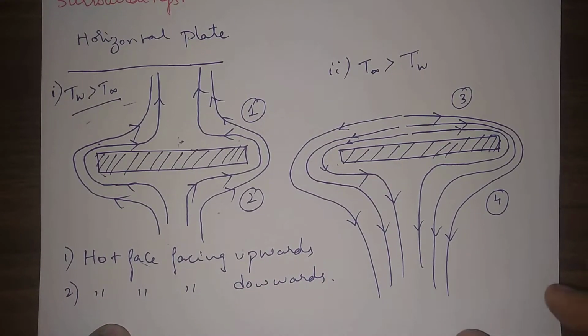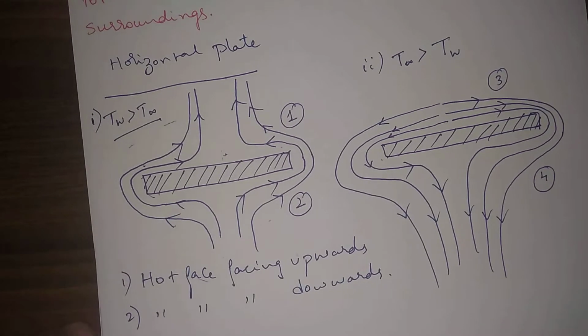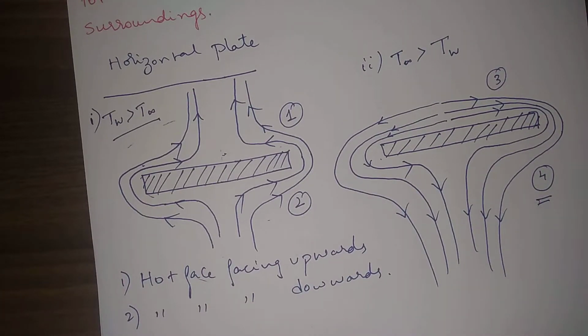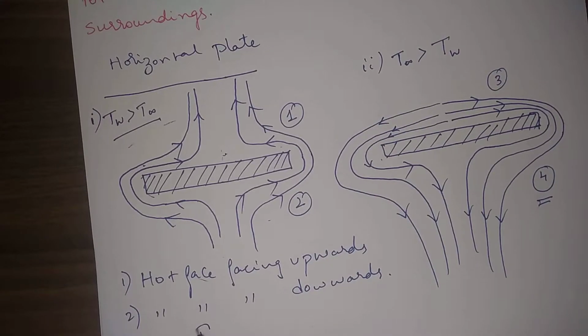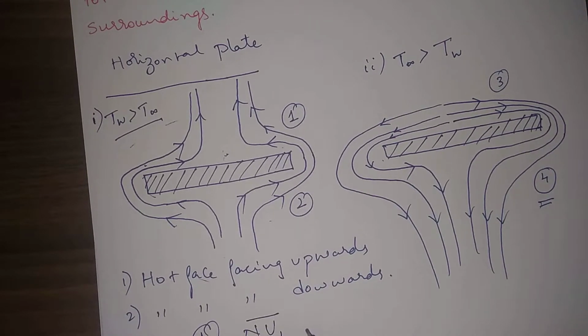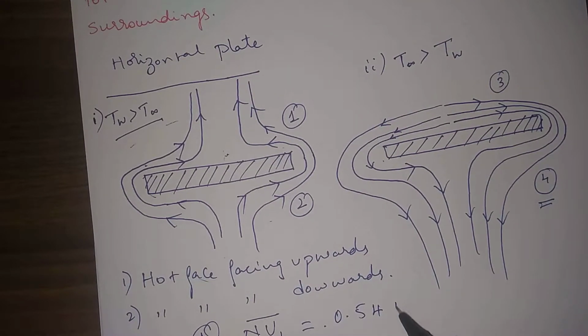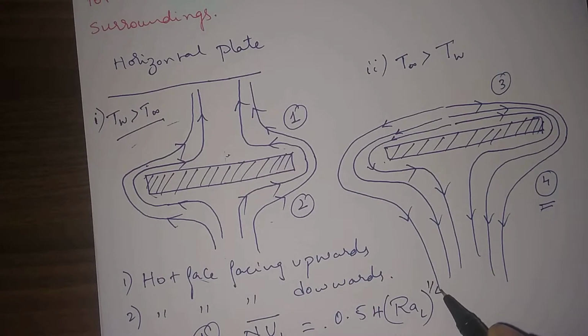If you observe the expression for Nusselt number, for 1 and 4, sorry, for 1 and 4, the Nusselt number correlation is 0.54 Ra_L to the power of 1/4.